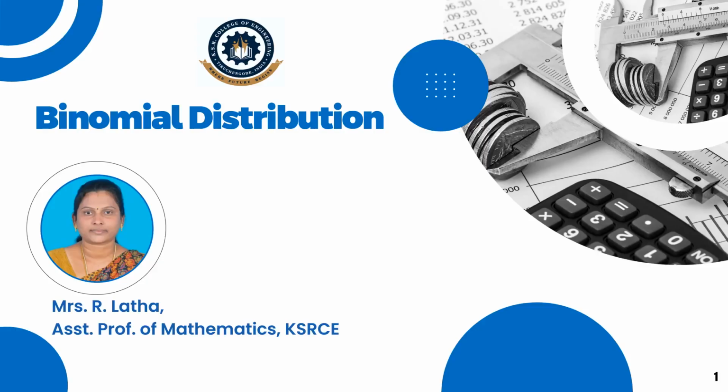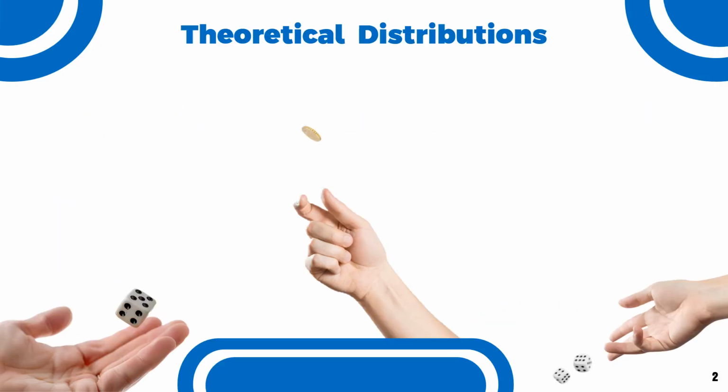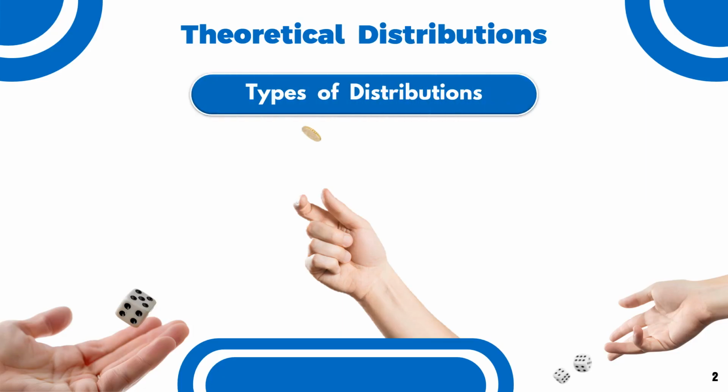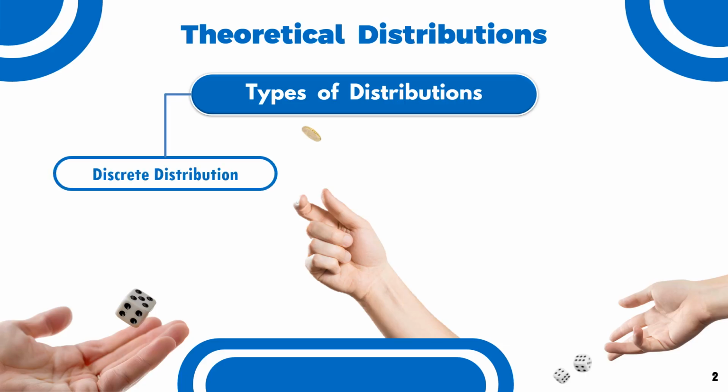In this video, today we are going to see the concept of binomial distribution. There are two types of theoretical distributions. First one is discrete distribution.